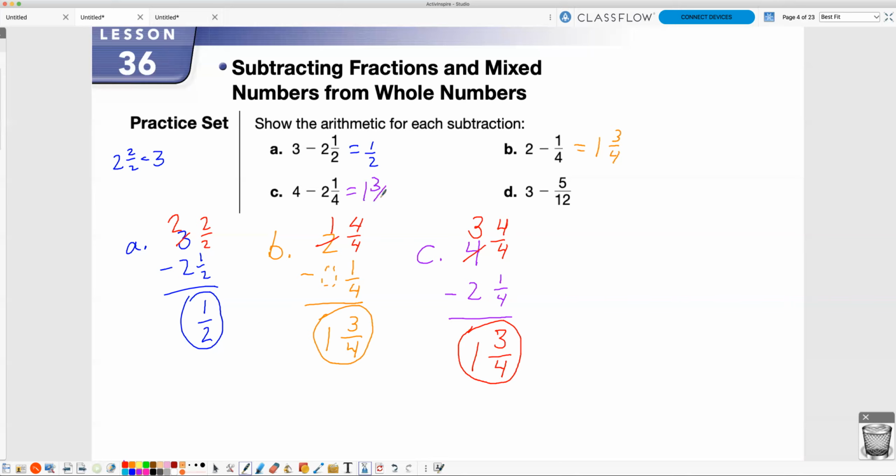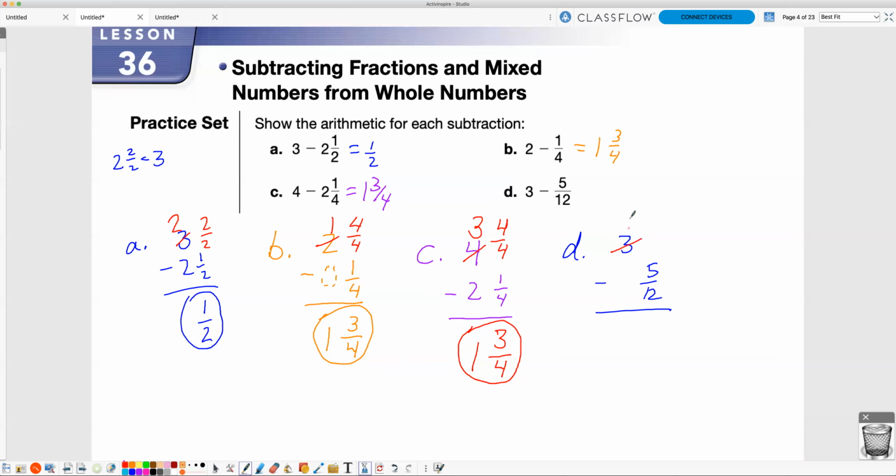And then letter D. Go ahead and do that all by your lonesome. Letter D should have been 3 minus 5/12, just like this. I have space for a whole number value here. I don't have one, but I now need to borrow or rename this.